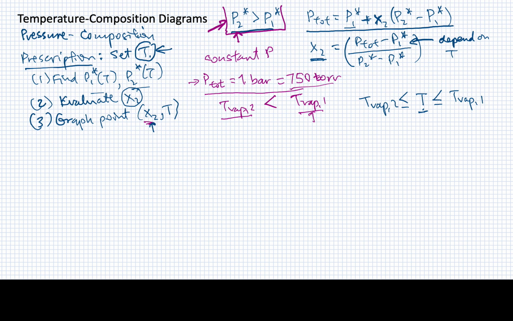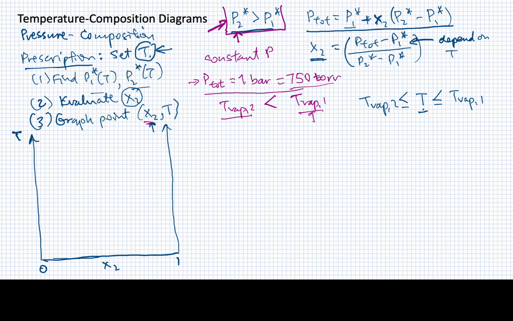It sounds really complicated, and I suppose it is the way I've explained it, but let me begin to construct a picture of the graph that we're going to want to create out of this. So once again, it's going to look a lot like the graphs that we did for the pressure composition diagram. We're going to make a little box here. We're going to have our mole fraction of 2 graph from 0 to 1. Okay, but now I'm graphing the temperature on the vertical axis.